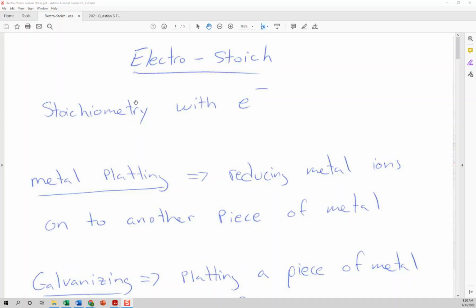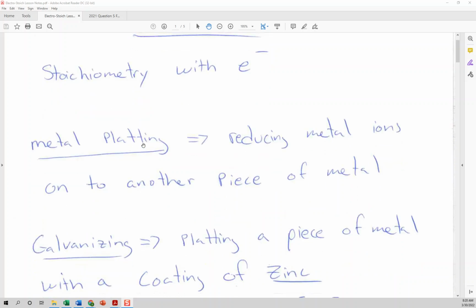So electrostoic is just stoichiometry with electrons, and metal plating is basically you're taking metal ions and you're reducing them back to their normal neutral metal state onto a piece of another metal, right? So we have metal ions, let's say zinc 2 plus, and if we add 2 electrons to it, we'll get solid zinc. And what we do is take our piece of metal that we want to coat or plate with the other metal.